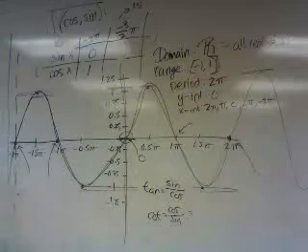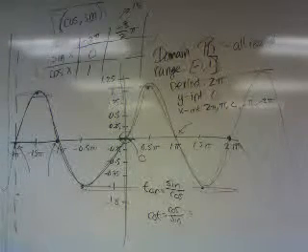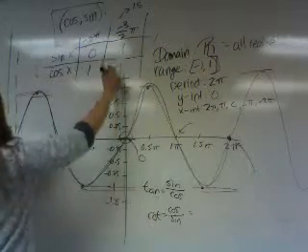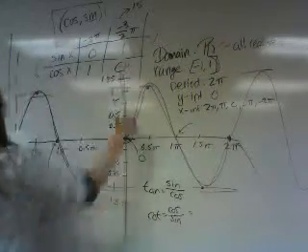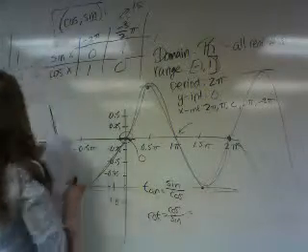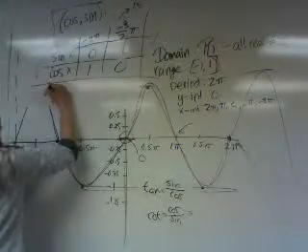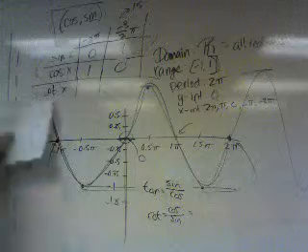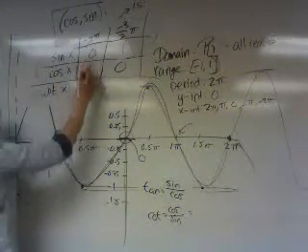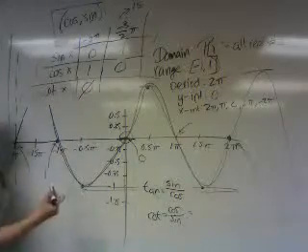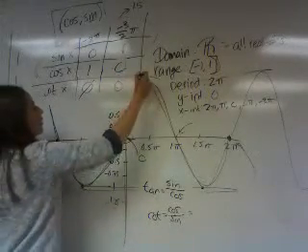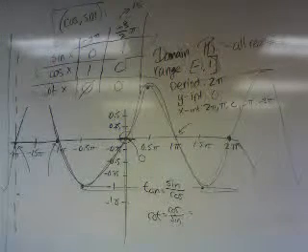For sine at negative 3 over 2 pi, we got 1, and for cosine we got 0. So how do we find the values for cotangent? We're going to fill in the cotangent table. It's just going to be cosine divided by sine. So 1 divided by 0 is undefined, no answer. 0 divided by 1 is 0. That's how you're going to fill in your table.